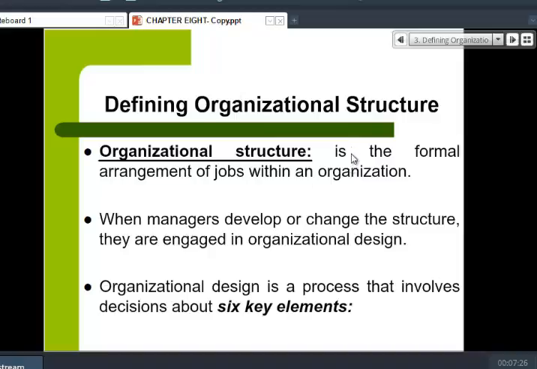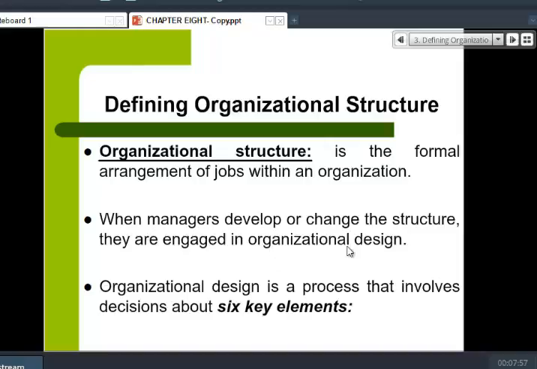So the organizational structure is the formal arrangement of jobs within the organization. It is the arrangement between the departments and the divisions in the company according to the goals. When managers develop or change the structure, they are engaged in organizational design.